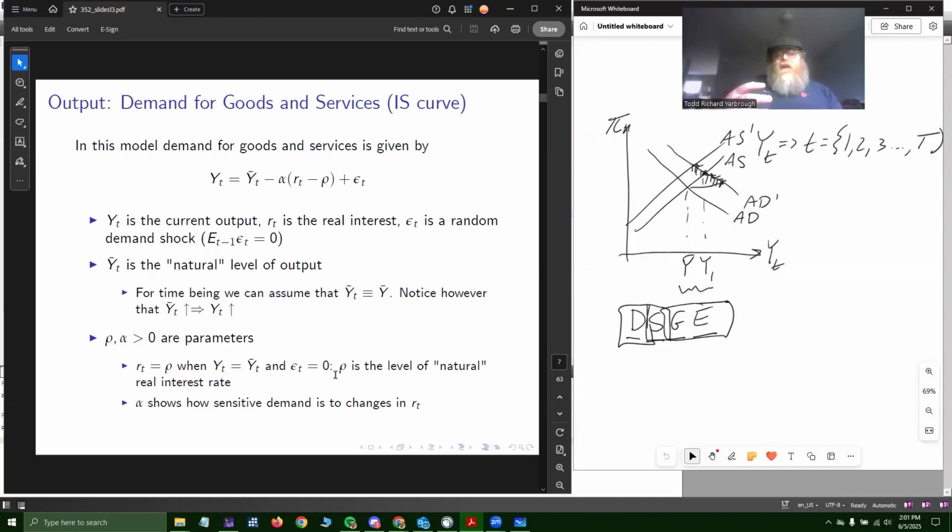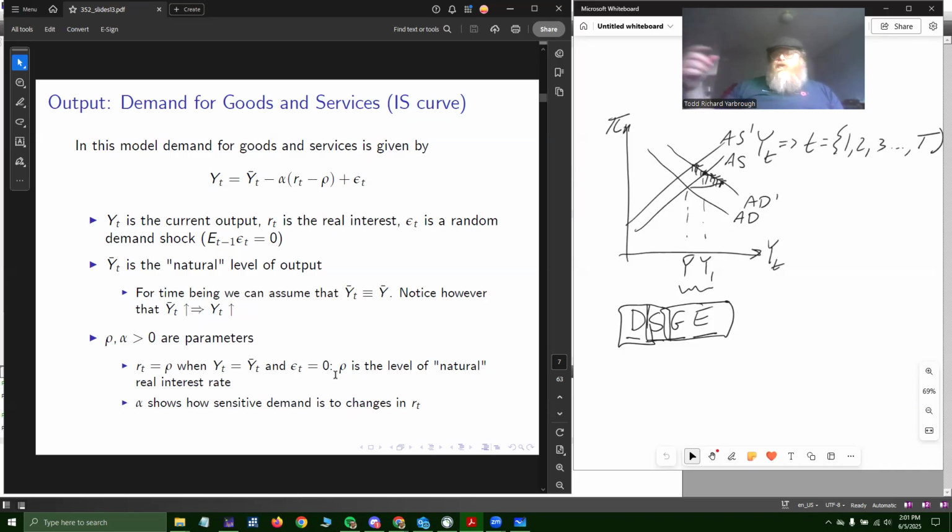What that means in this particular context is, how sensitive are investors? How sensitive are those taking out loans to the real interest rate, R_t, and where the real interest rate is supposed to be at natural output?